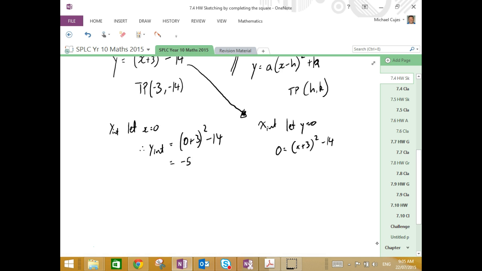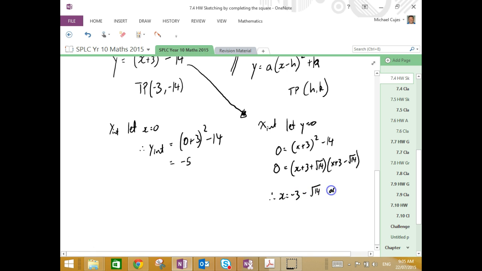We use our favourite rule in maths, which is, oh, difference of 2 squares, make me happy. So x plus 3 plus root 14, x plus 3 minus root 14. So we're going to get x equals negative 3 minus root 14, or negative 3 plus root 14.